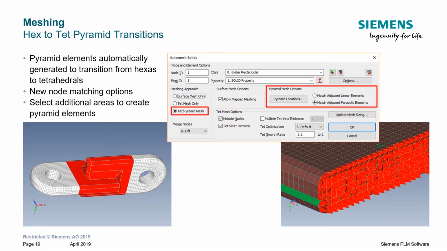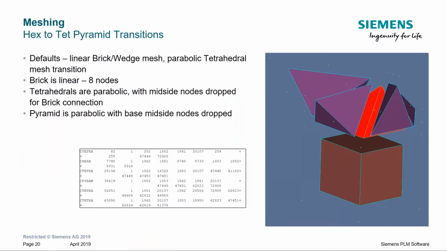And it'll also match either adjacent parabolic elements and or linear elements. So in this case, I'm getting 10 noded tets, but I'm matching it with pyramids. So the defaults are a linear brick wedge mesh and a parabolic tetrahedral mesh transition.